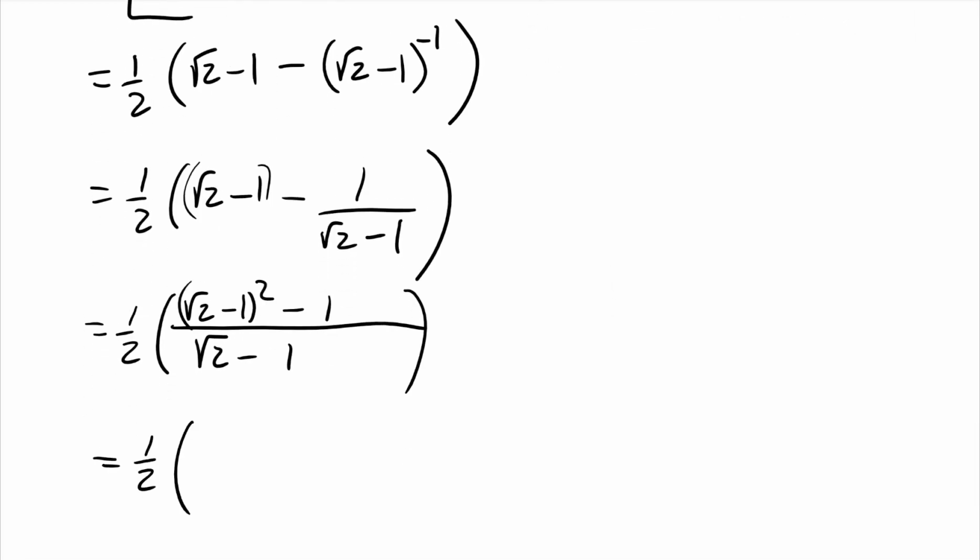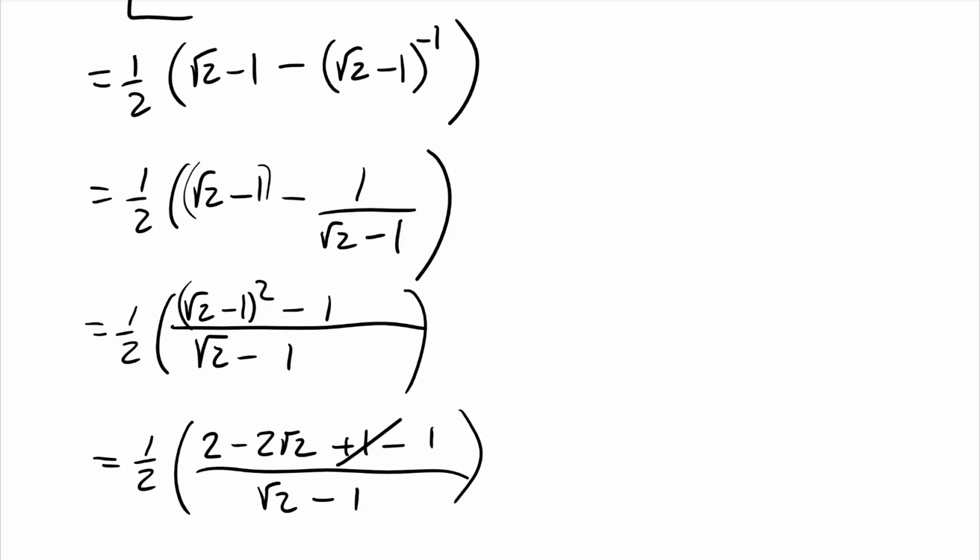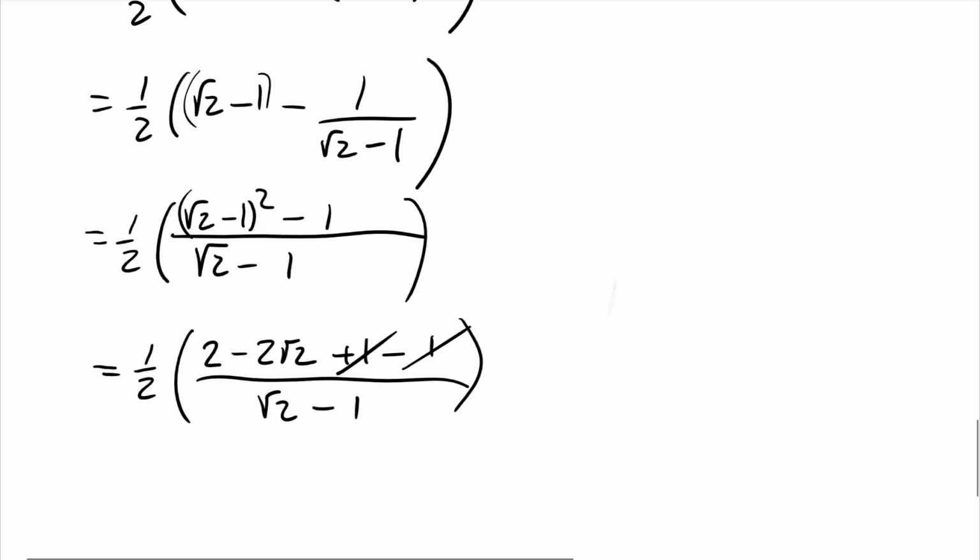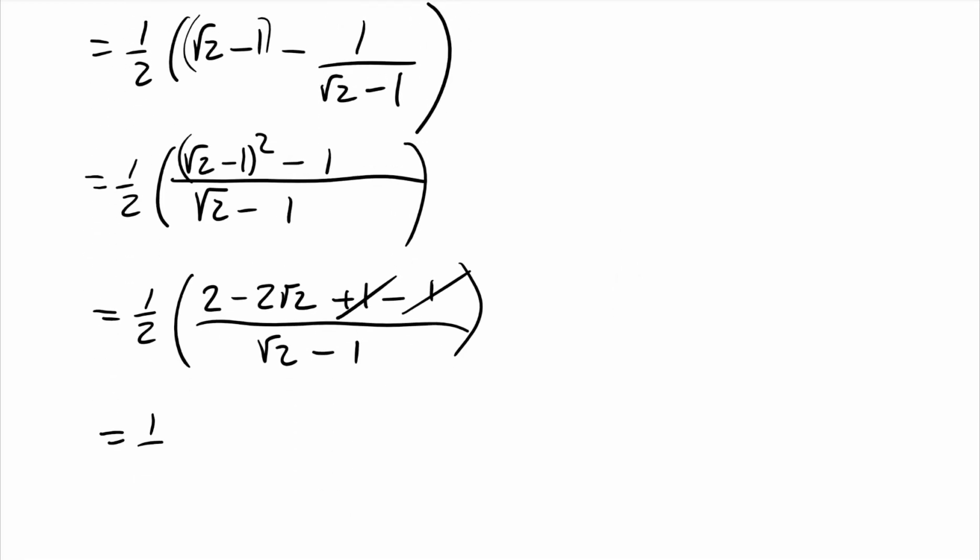I promise this will end eventually. Minus 2 root 2 plus 1 minus 1, all over root 2 minus 1. So those cancel out nicely. And what are we left with? We have 1/2, and then we have 2 minus 2 root 2's all over root 2 minus 1.